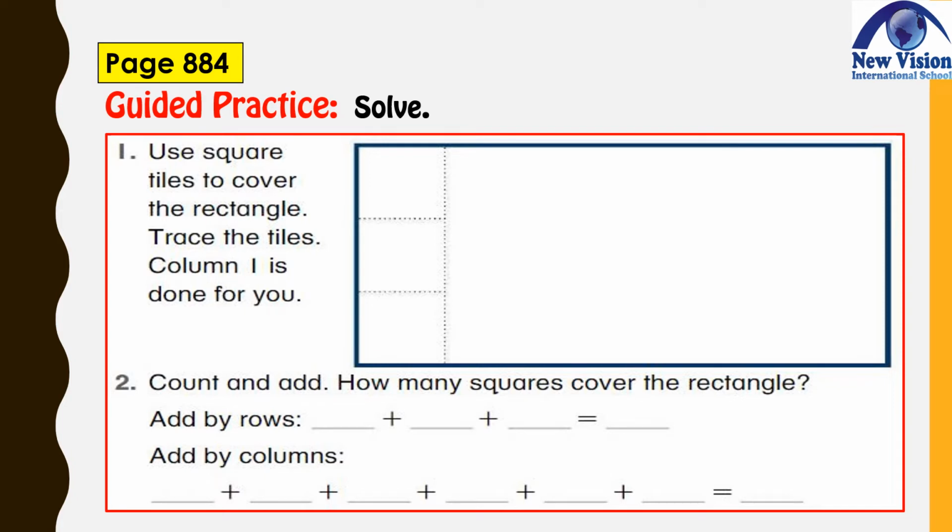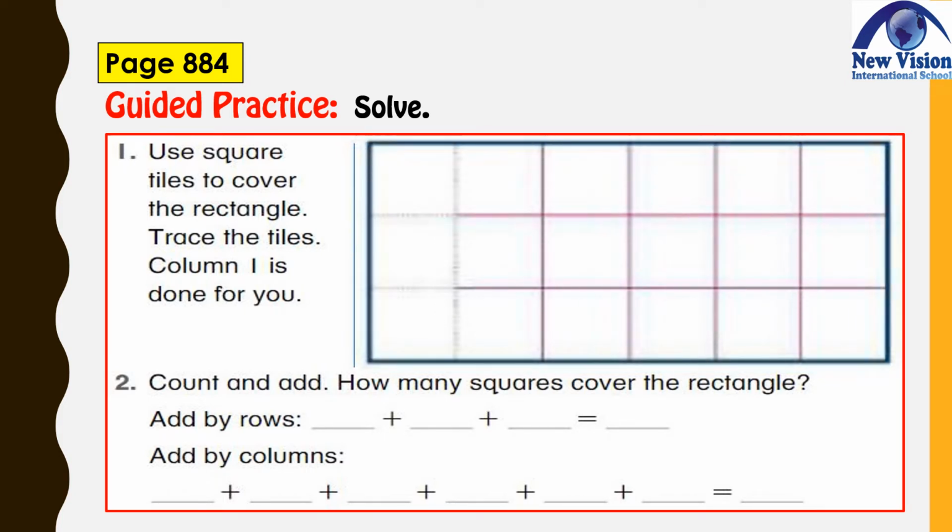For your guided practice, please open your book on page 884. Number 1. Use square tiles to cover the rectangle. Trace the tiles. Column 1 is done for you. Number 2. Count and add. How many squares cover the rectangle?